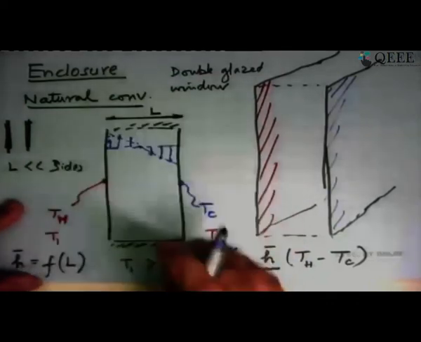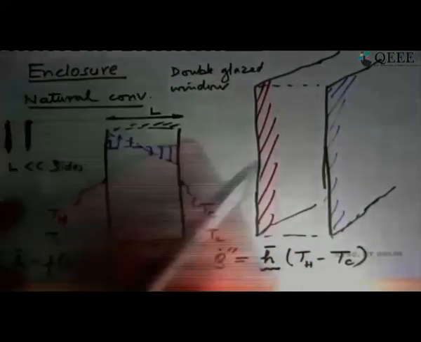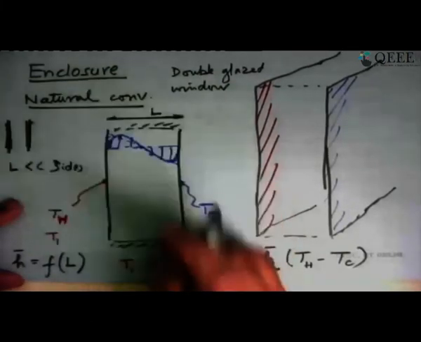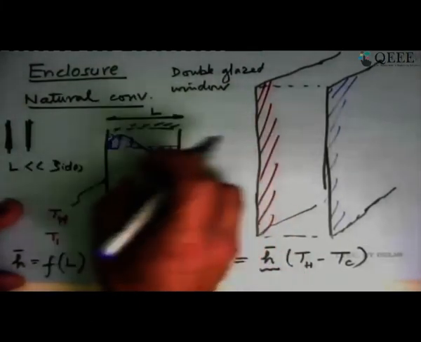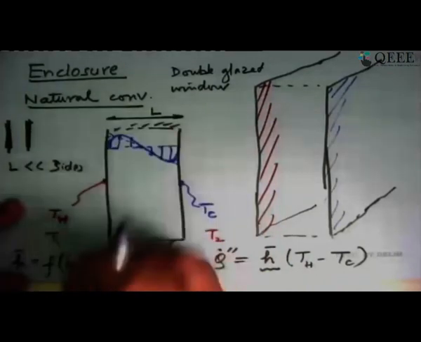So there will be a 0 here, but it is a point 0. The velocity profile becomes like this: a boundary layer at the wall and some gradient at the center.